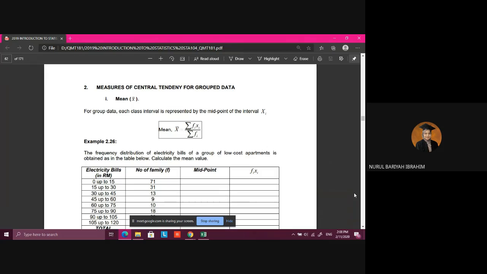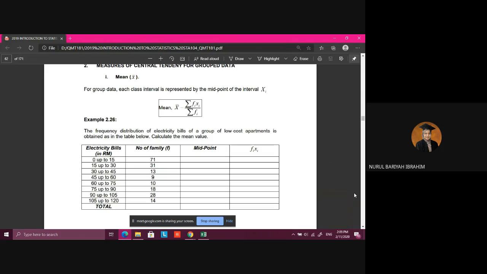Okay, Assalamualaikum. The next topic adalah measuring the central tendency, which is mean, median, and mode for group data. As you know, if our data is expressed in groups, we will have the intervals and the frequency.